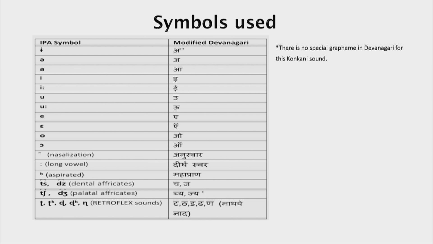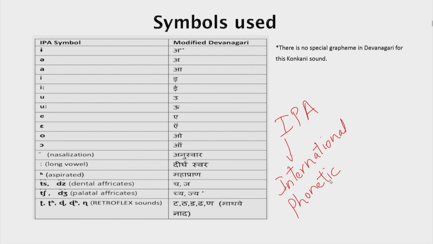So before I begin, I would like to briefly talk about the sounds that I have used in these slides. Konkani is a language that has many sounds which are not represented by the Devanagari script. So I have used what is called as IPA, which is the International Phonetic Alphabet.